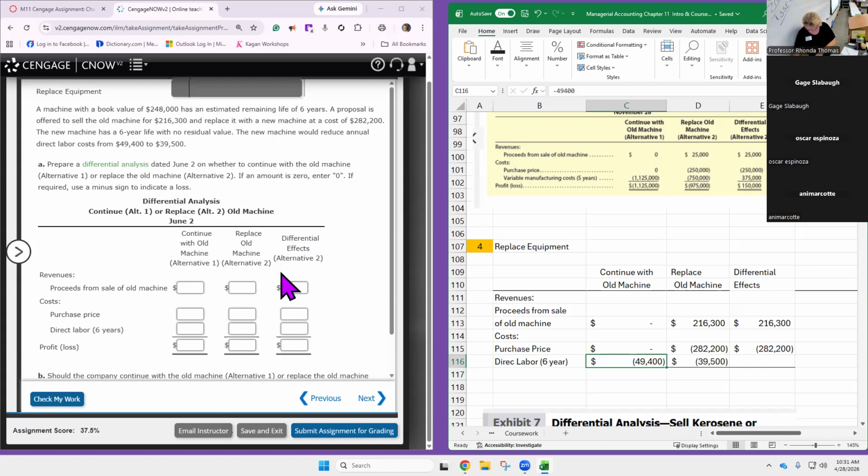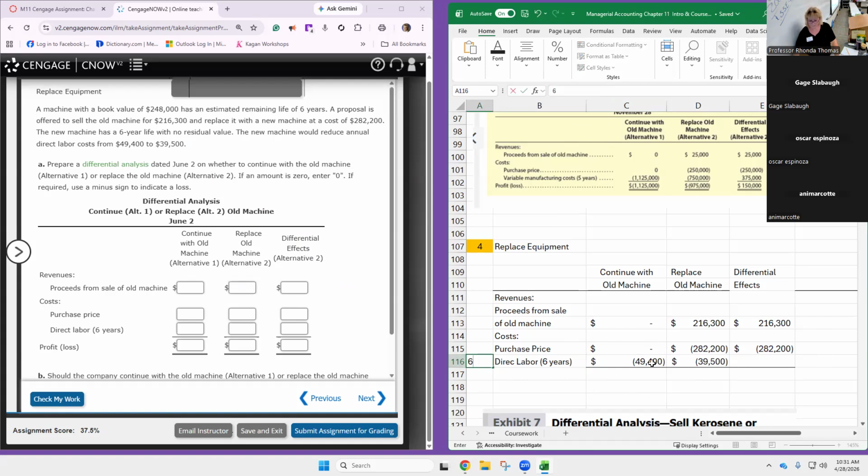The thing we forget is that this is going to be for 6 years. So we really need to take both of these numbers times 6. That's why it's got the 6 years there beside. So I'm going to put 6 over here.